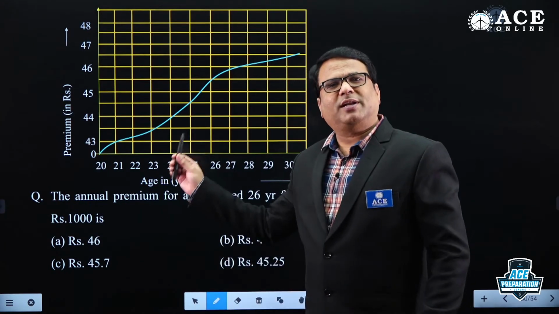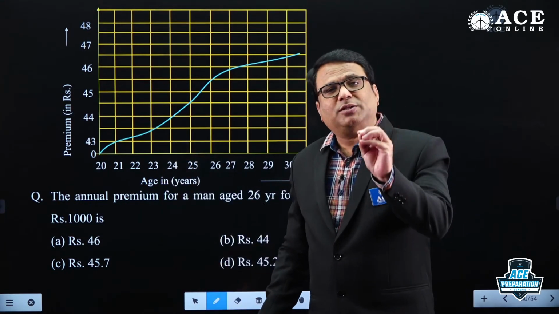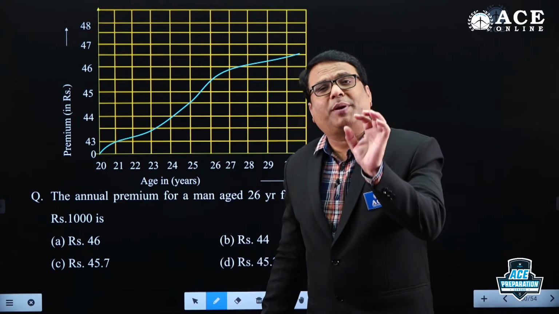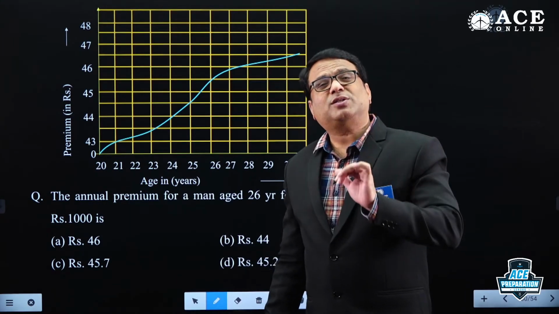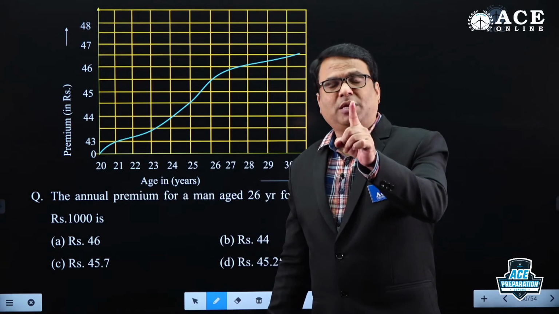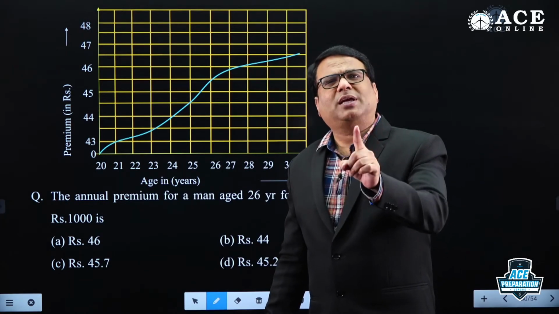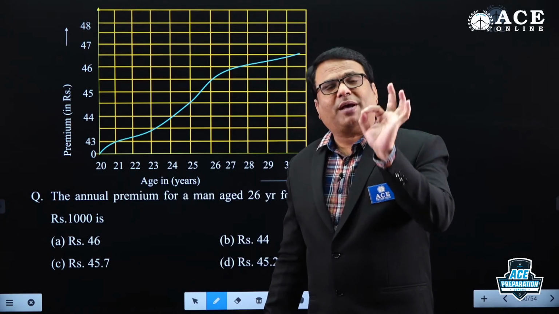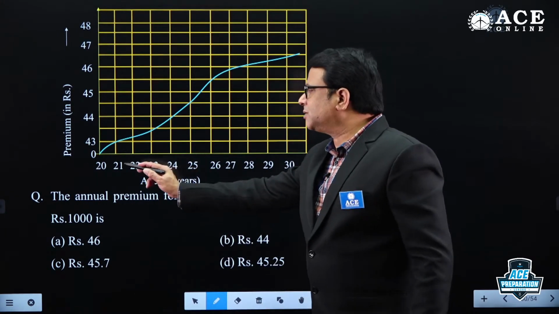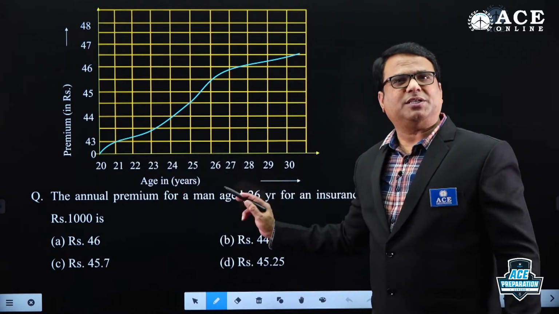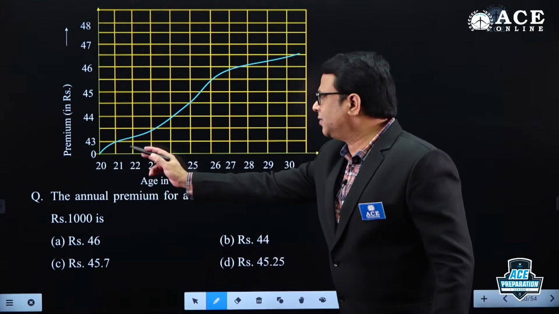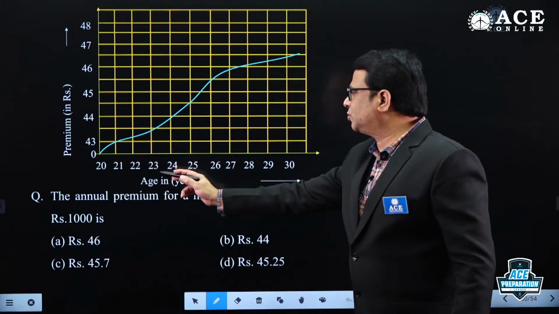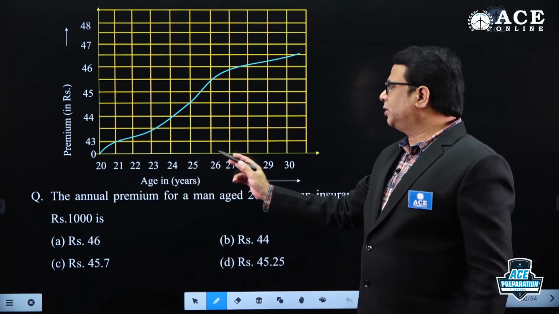So what is given in this graph? How much premium should be paid for an insurance of how many rupees? 1000 rupees. How much premium has to be paid for 1000 rupees insurance? That is given in this graph for different ages. 20 years is given, 21 years, 22 years, 23 years, 24 years, 25 years.